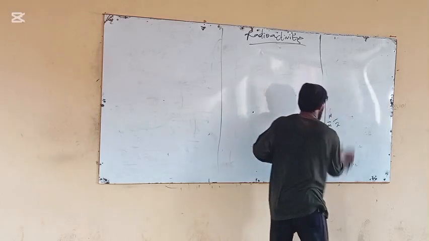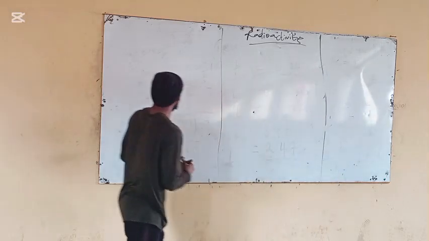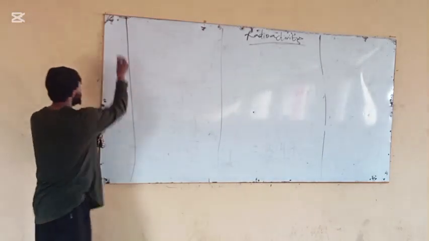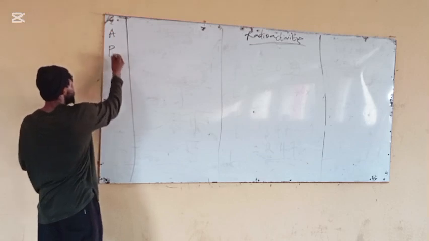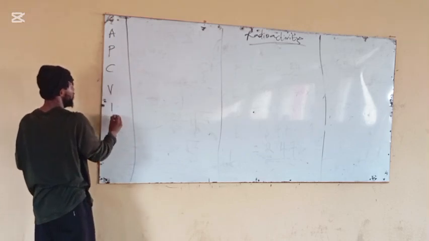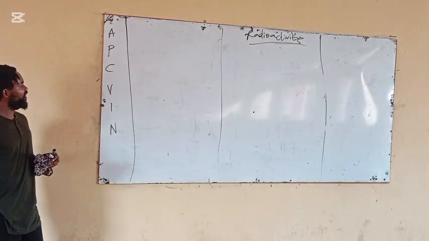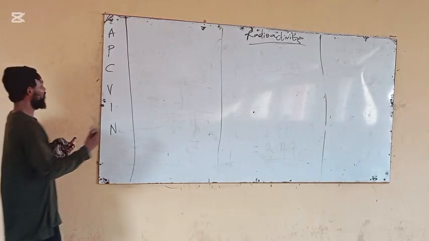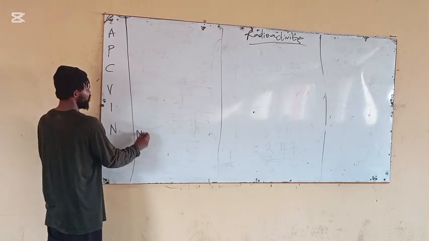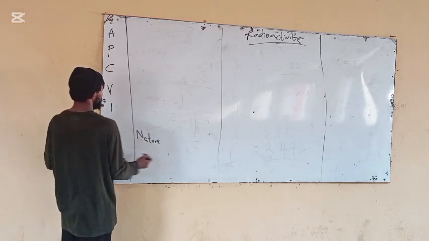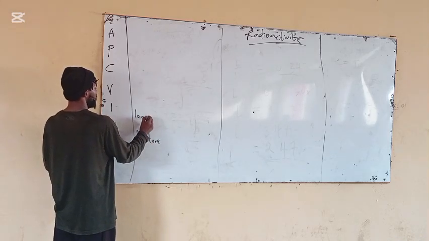Whenever I'm treating radioactivity with my students, I normally use what I call APC. So this N stands for nature. This one stands for ionization energy.